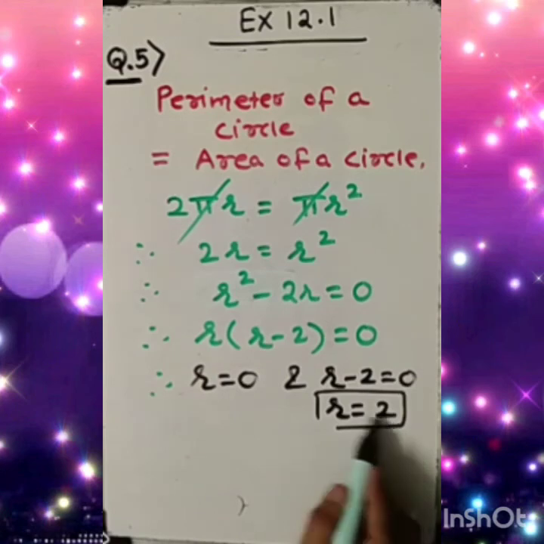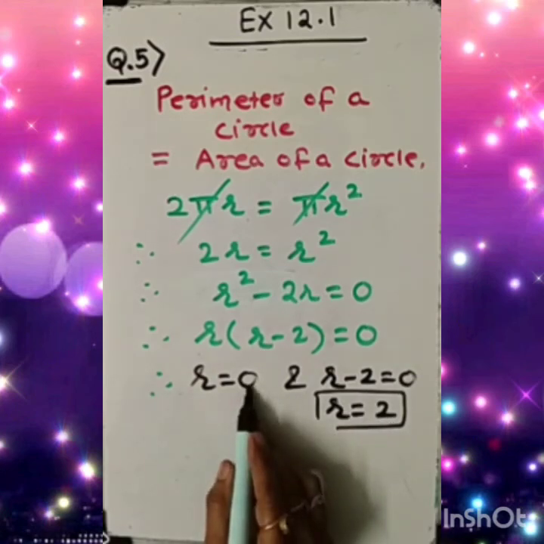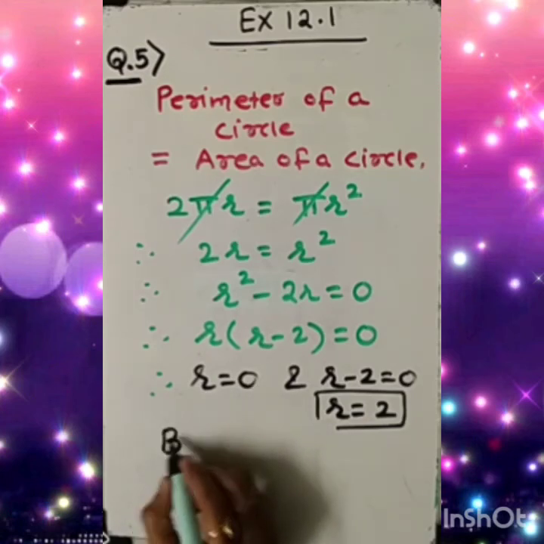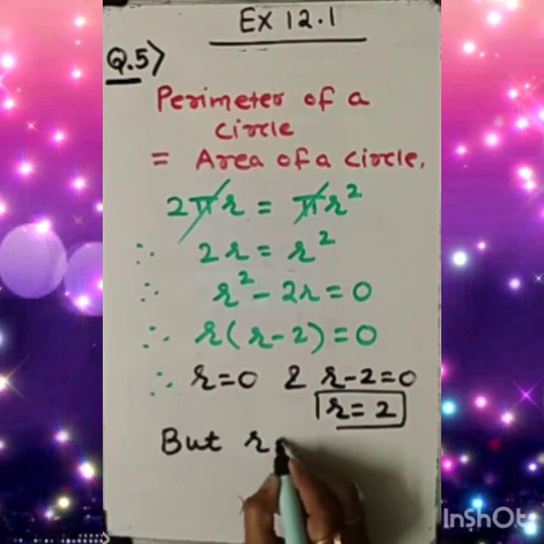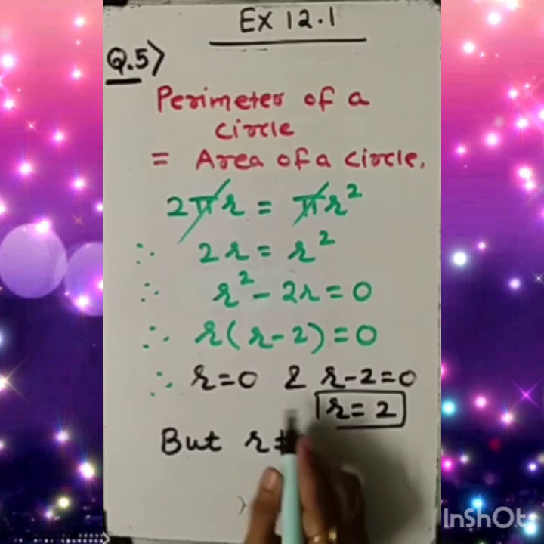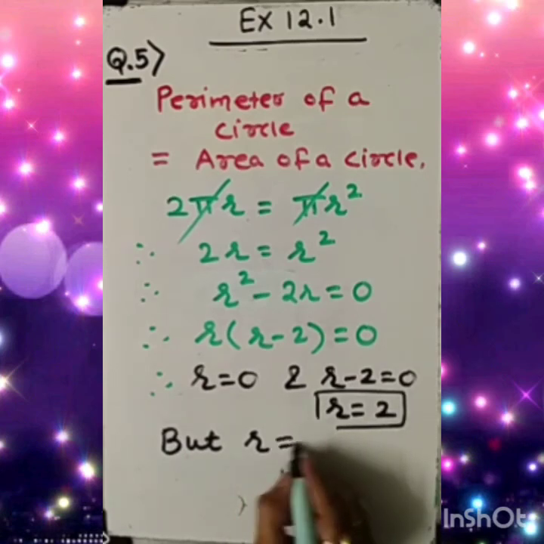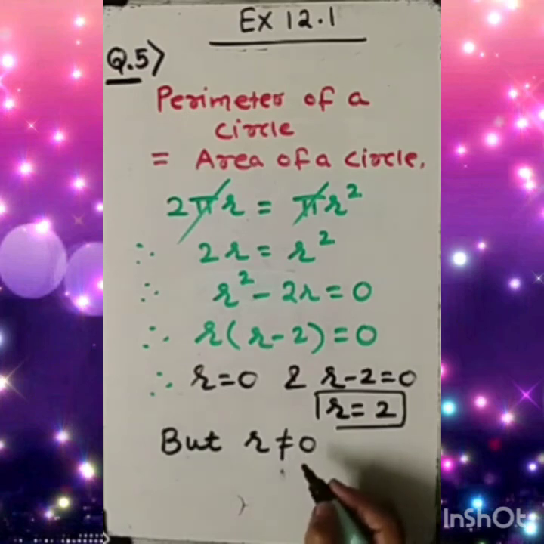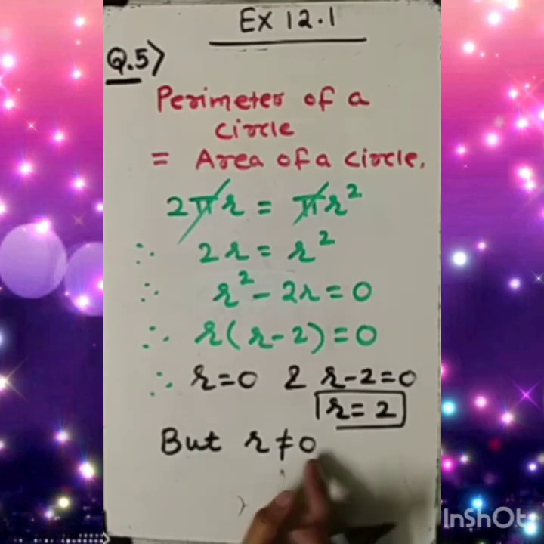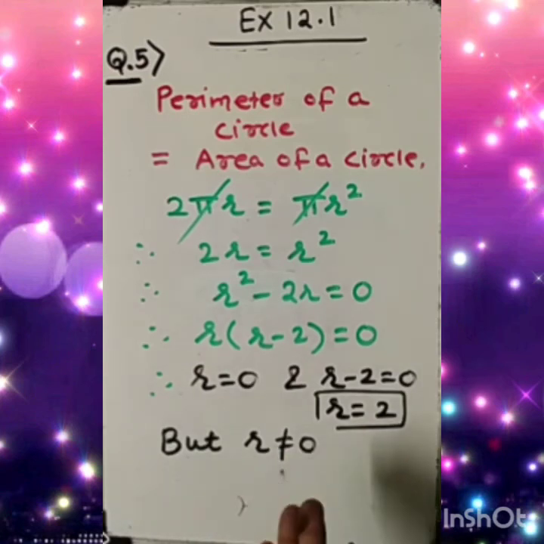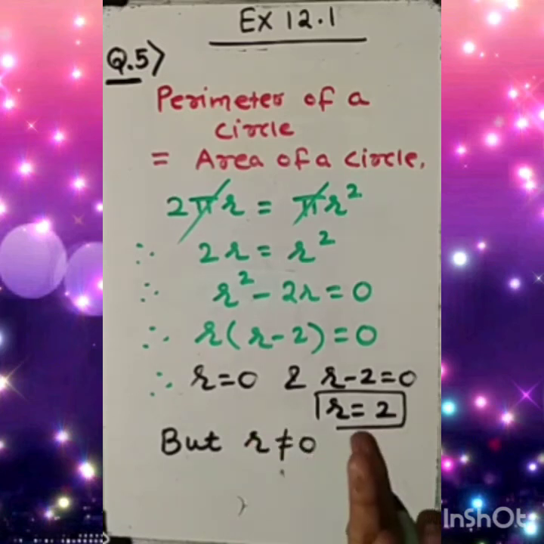But as you know dear, if it carries 0 radius, then no such circle is possible. So r equal to 0 is not possible. The reason behind that: radius can't be 0. If the radius is 0, then the circle doesn't exist.